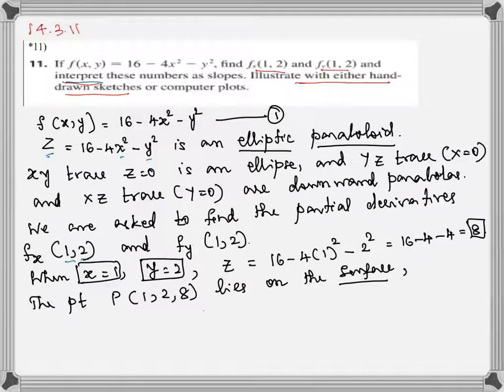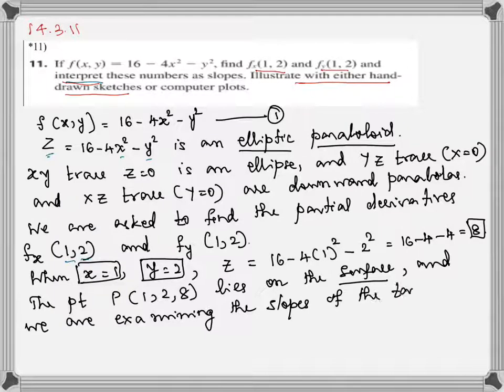And that is where we are finding the partial derivatives, which are the rate of change of z with respect to x and y. So we are examining the slopes of the tangent at the point (1, 2, 8) on the surface. So f of x, y equals 16 minus 4x squared minus y squared.